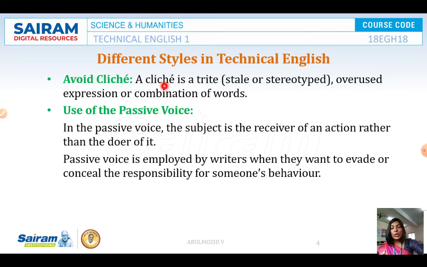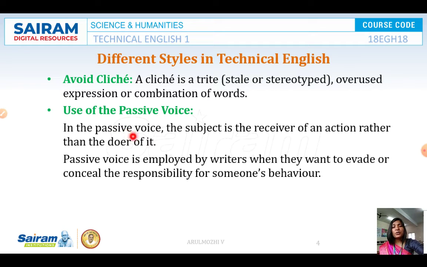A cliche is an old expression, but in modern days it loses its originality and is misunderstood and misinterpreted. So as far as possible, try to avoid any cliche or old stereotyped expressions. Overused expressions or combinations of words should be avoided in technical style.